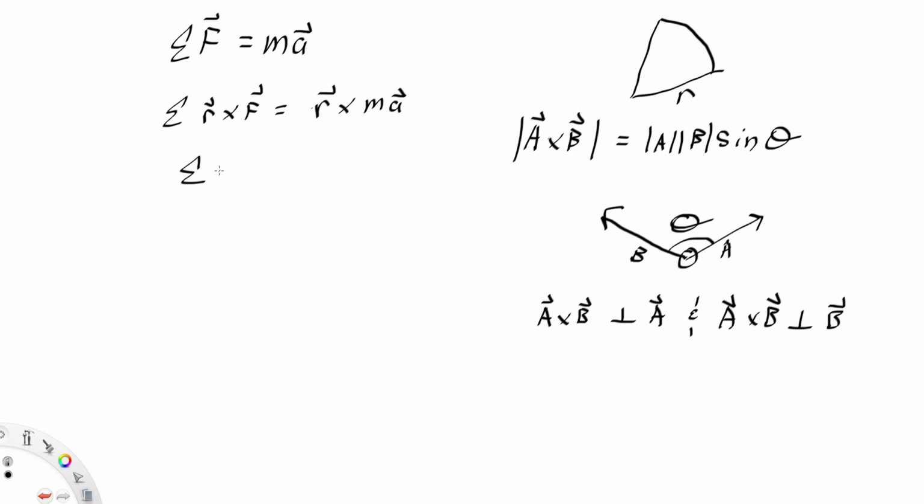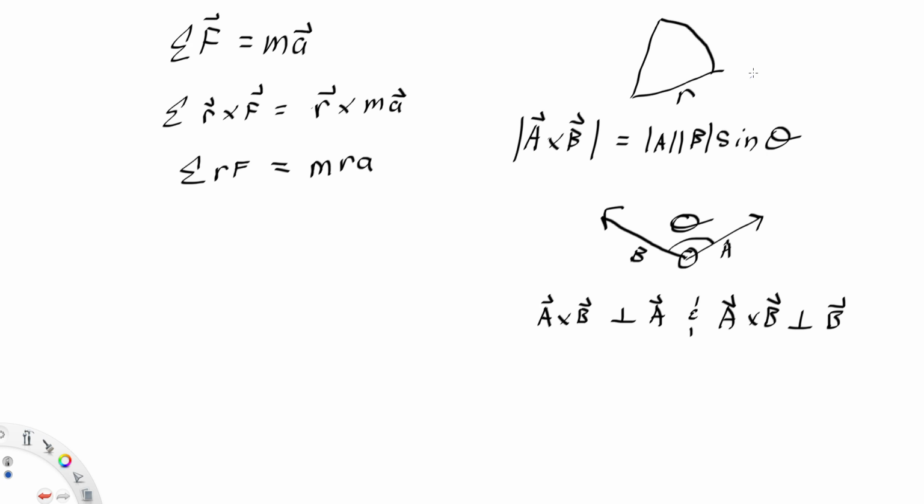So now it's the sum of r times F equals m r a. And then we thought about our rotational coordinates.